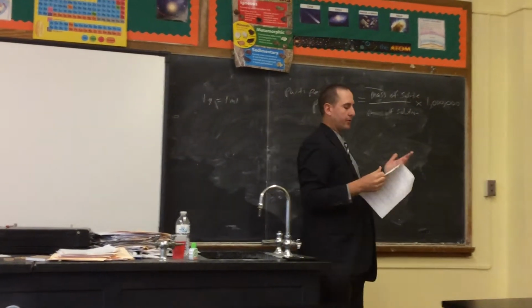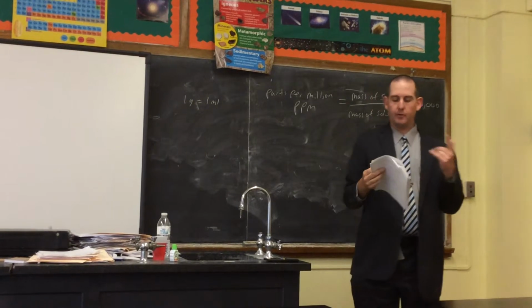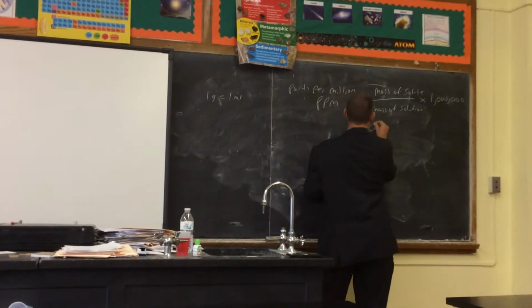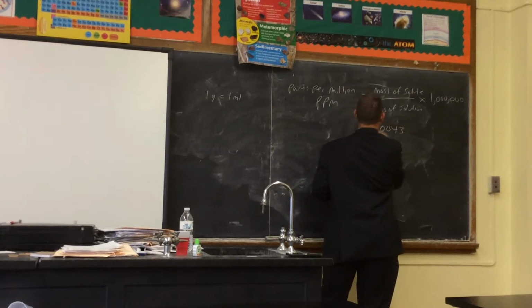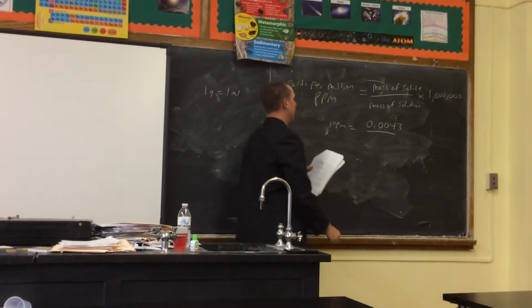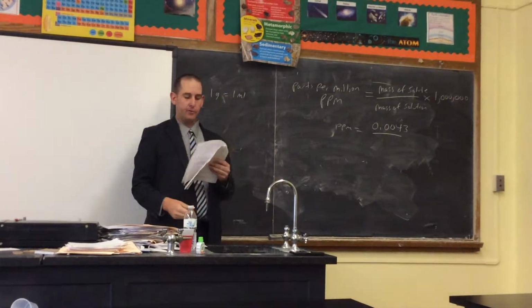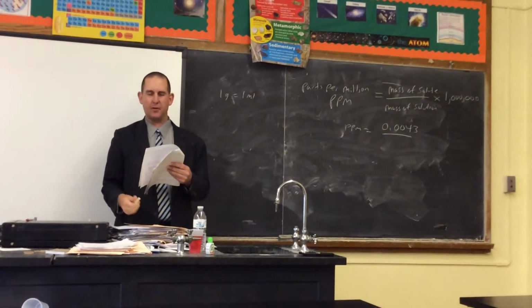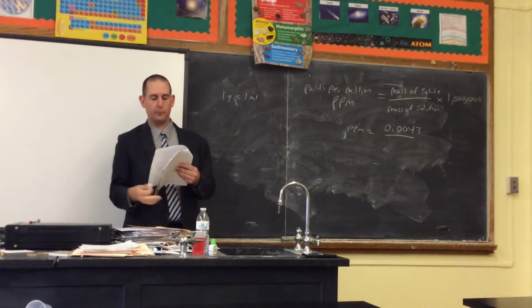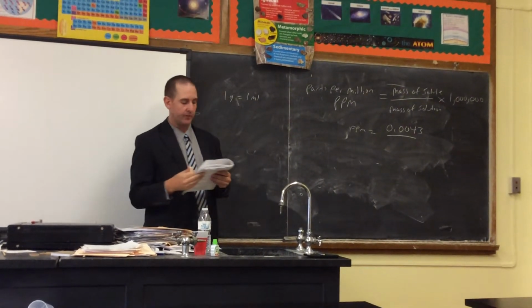So our small numbers always are solute, and for parts per million, it's going to be very small numbers, like here, 0.0043. That's our mass of solute. Again, we're solving for ppm. Okay, now for mass of solution, remember you have to add the two numbers. For parts per million, if you don't add the two numbers, you're probably still going to get roughly the same answer, but for good practice, we should still add the two numbers together.